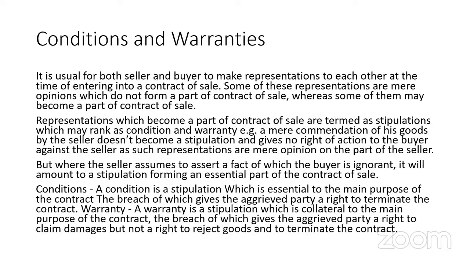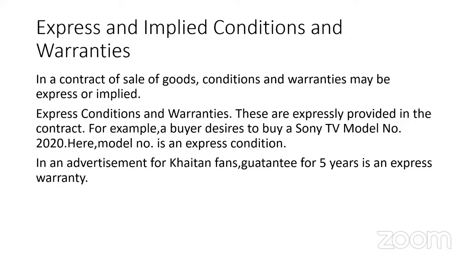Whereas a warranty is collateral to the main purpose of the contract. And if this warranty is not fulfilled, then that party can only claim damages, but it has no right to reject the goods or terminate the contract, right? So warranties again are of two types: express warranties and implied warranties.